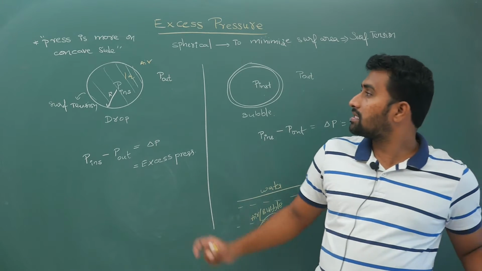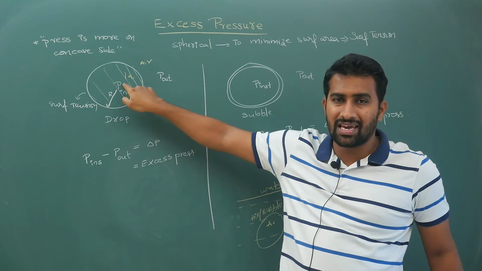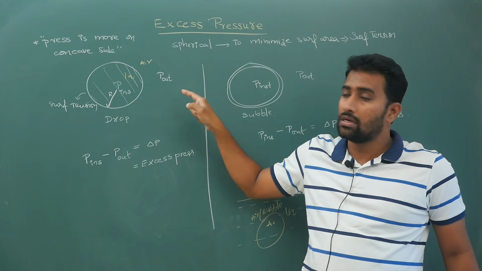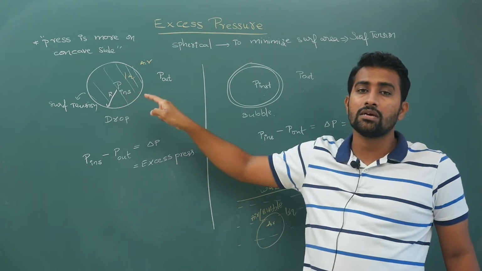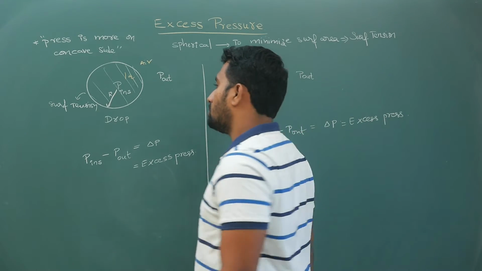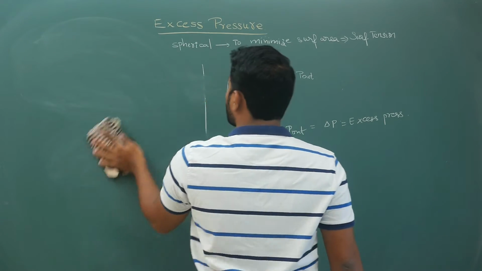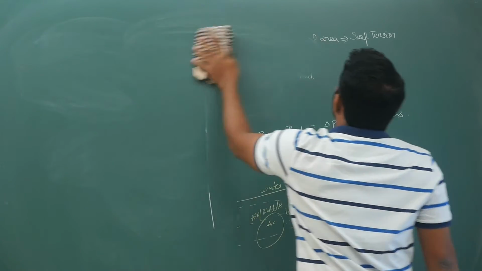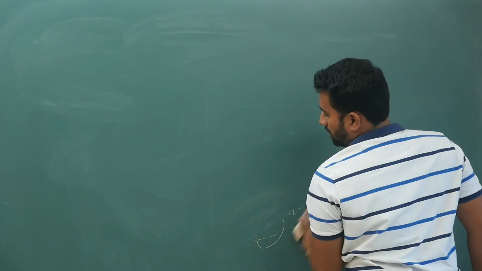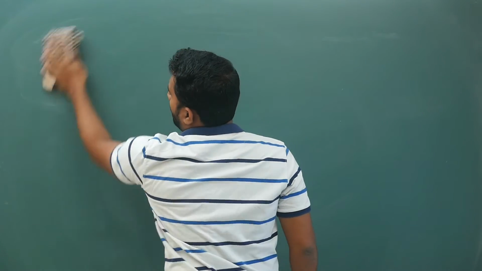Now I will erase this. Remember, this is your concave side and this is your convex side. Your pressure on the concave side will be more. Here also it is more. Now I will erase this. So far what I have explained is just the introduction.